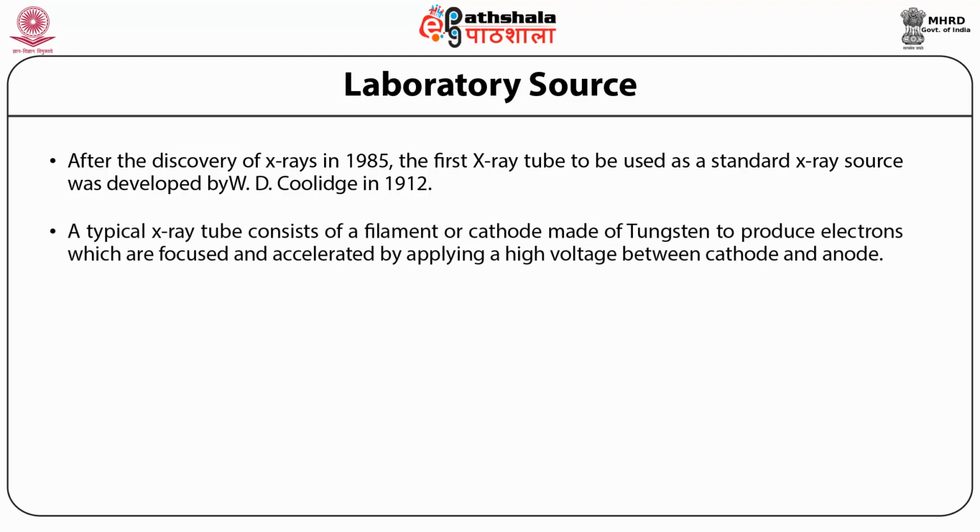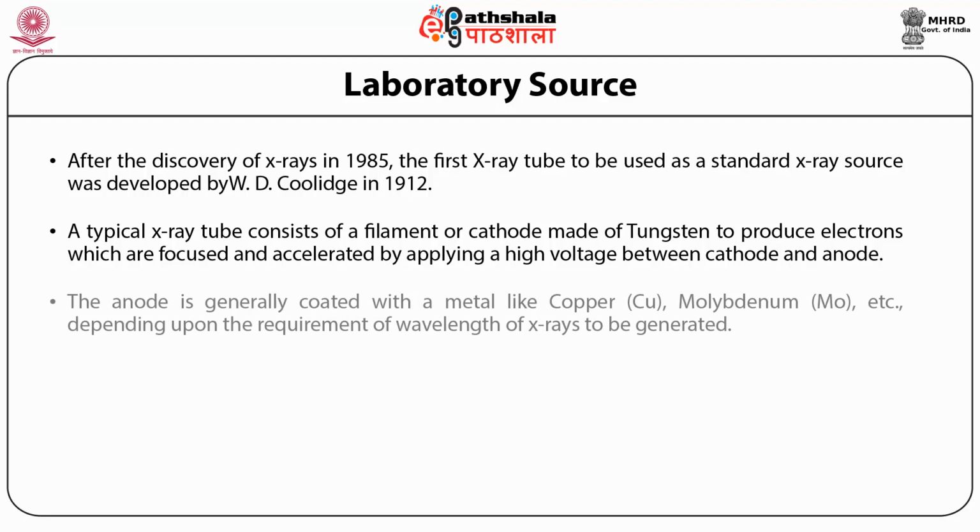A typical X-ray tube consists of a filament or cathode made of tungsten to produce electrons which are focused and accelerated by applying a high voltage between cathode and anode. The anode is generally coated with a metal like copper, molybdenum, etc., depending upon the wavelength of X-rays to be generated.